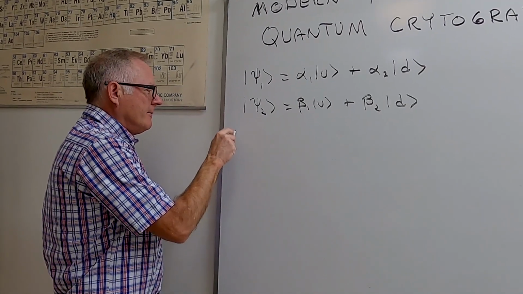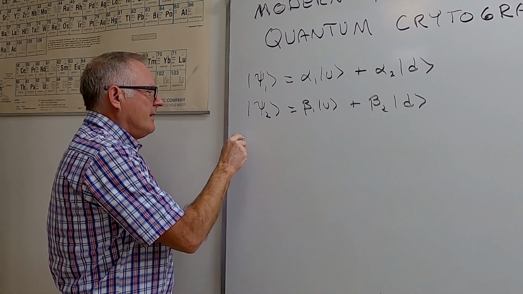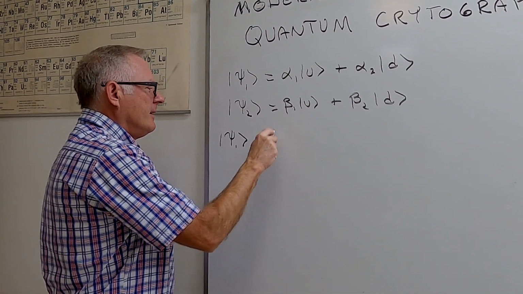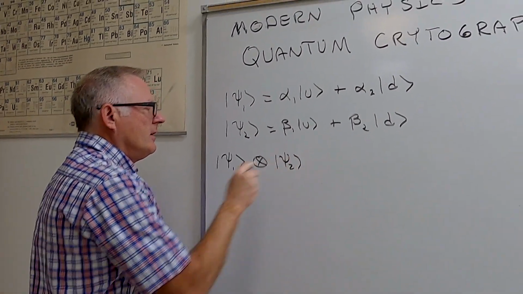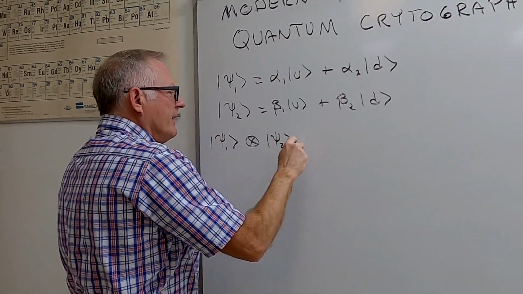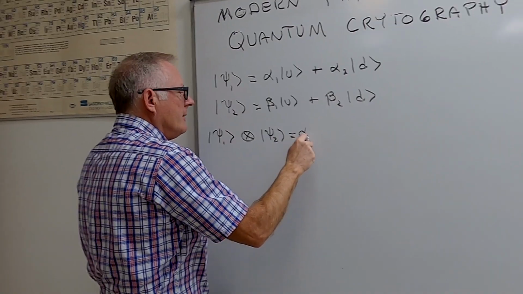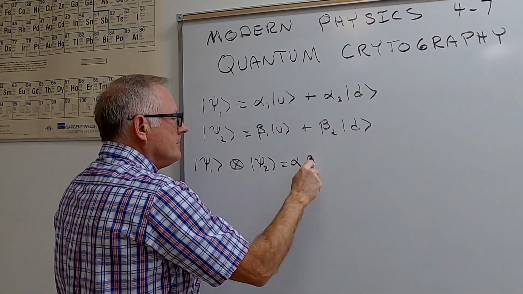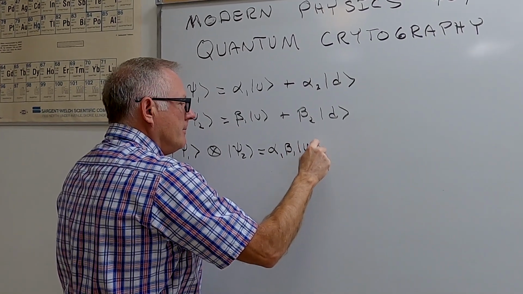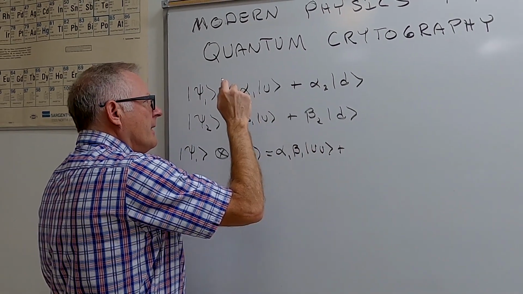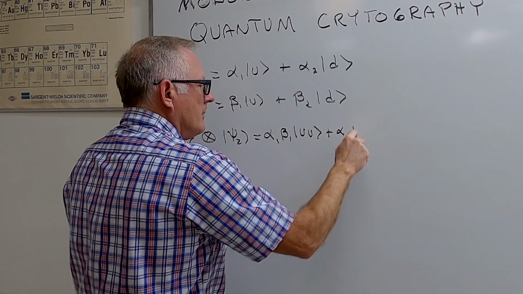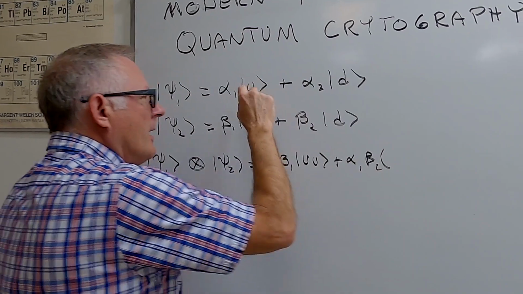And then when we combined the two into a composite system, remember we did a special tensor multiply. So we said psi 1 tensor multiply psi 2. And then we just multiplied it all out right here. And so this was alpha 1, beta 1, up, up. We always do this one first. Plus alpha 1, beta 2, up, down.